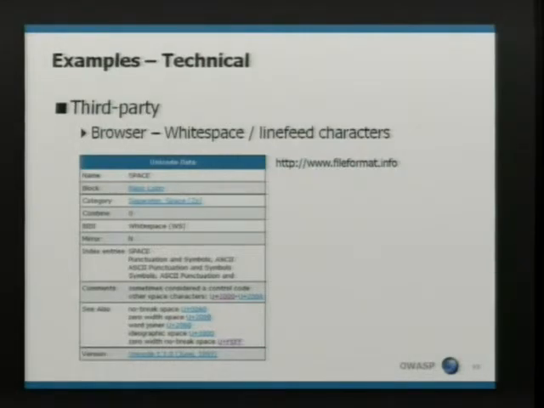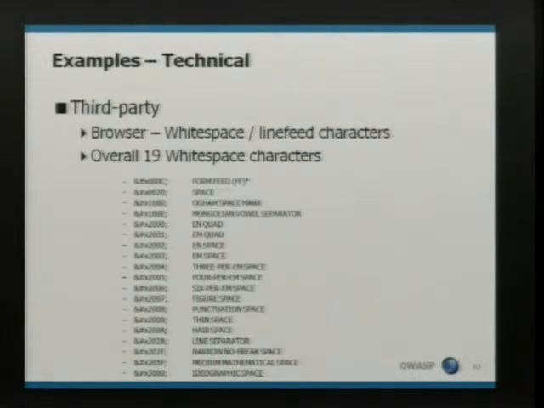As you can see, we have a total of 19 white space characters there. 19, not only one. So we can pass them to our cross-site scripting filter and see what happens, or better, to the browser, to see if it treats these characters as white space.